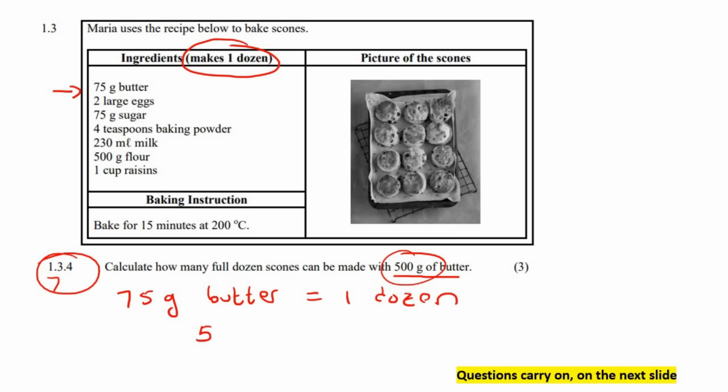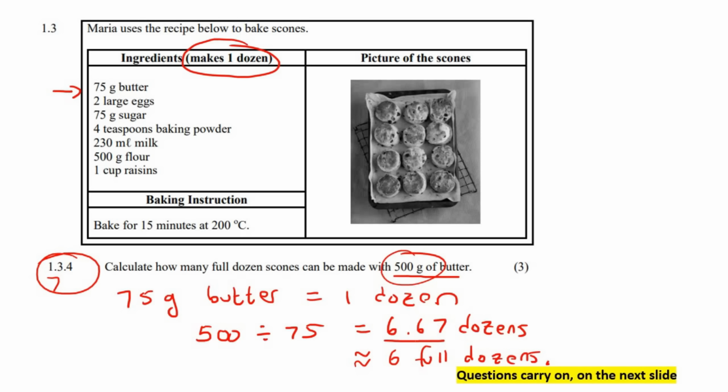We can say 500 divided by 75, and that's going to give you 6.67 dozens. So how many full dozens would you be able to make? Would you be able to make 7? No, you definitely won't, because you're going to stop at 6.67. You would only be able to make 6 full dozens.